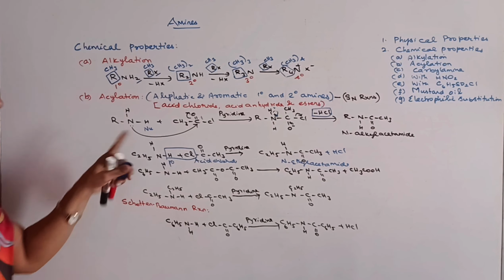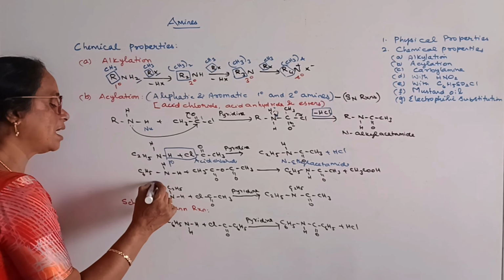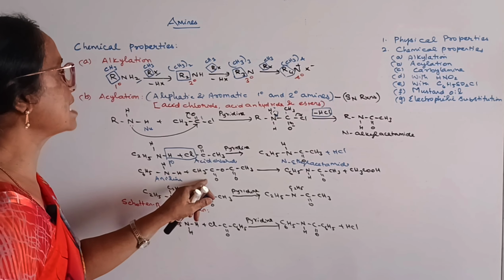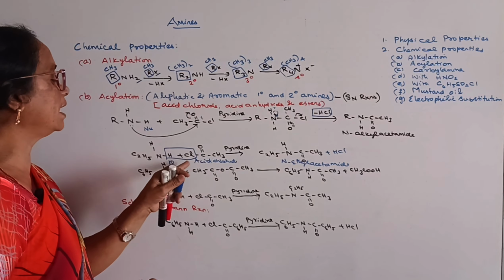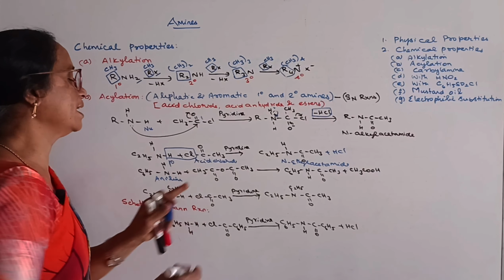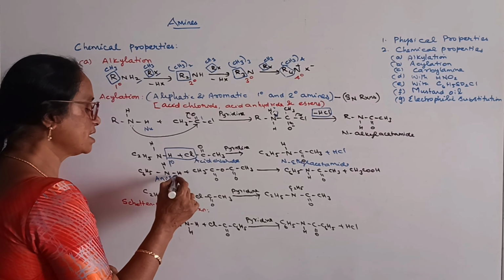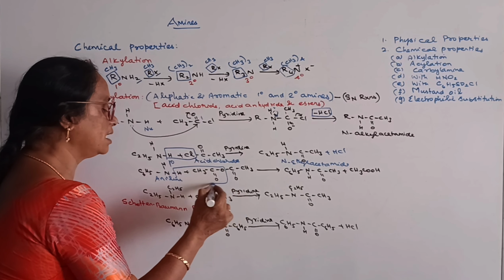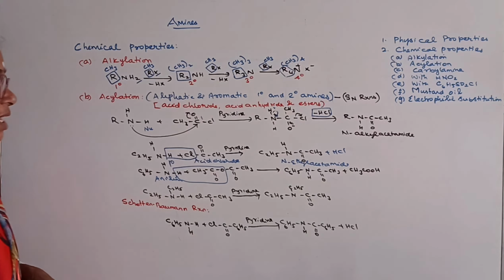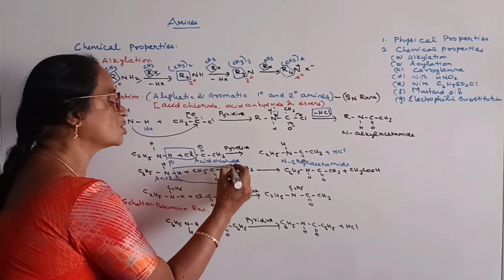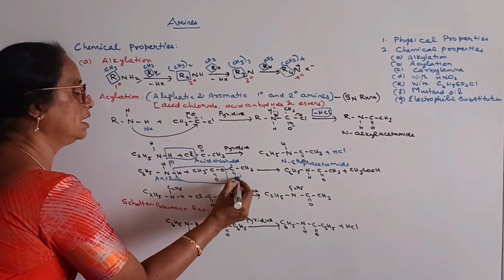Similarly, if I take a primary aromatic amine, aniline, you can make it react with an anhydride. The first one I have taken is acid chloride, and the next one I am taking is anhydride, in which CH3COOH is being eliminated. This becomes the electrophilic site as it withdraws the electron.